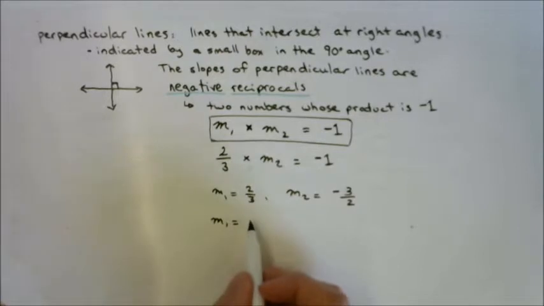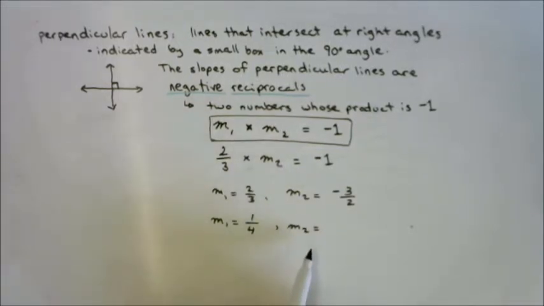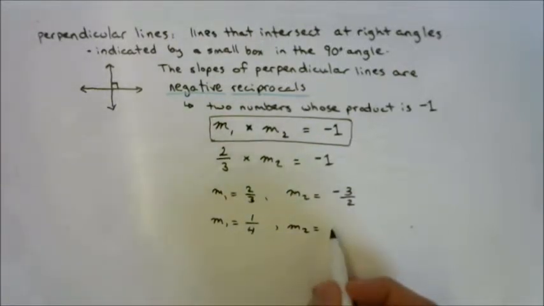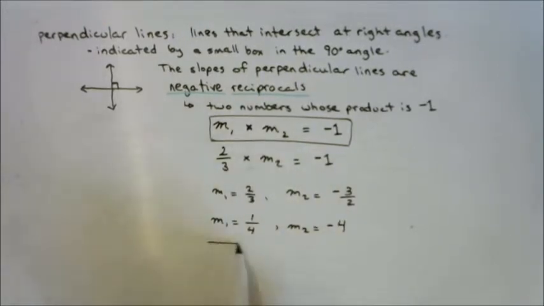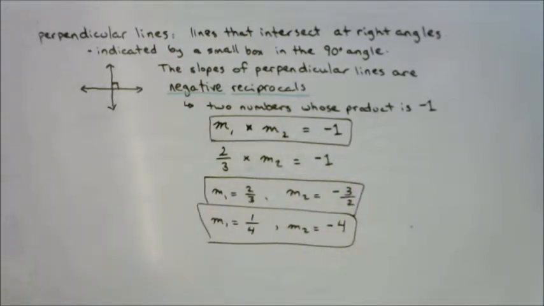If m1 is 1 over 4, then don't say it out loud. What do you think the slope of the second line needs to be in order to have a perpendicular line situation? 4 over 1. Close? Oh, sorry. Negative 4 over 1, which reduces to negative 4. Okay, these guys are perpendicular. These guys are perpendicular. Okay?